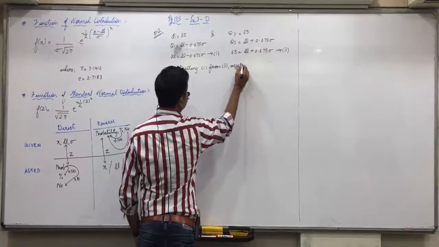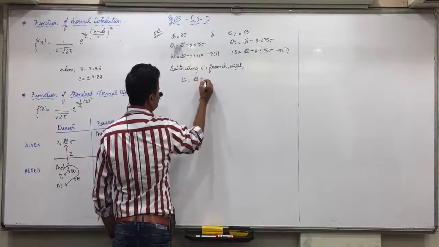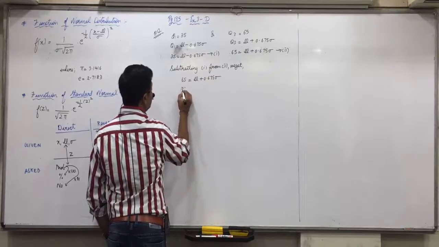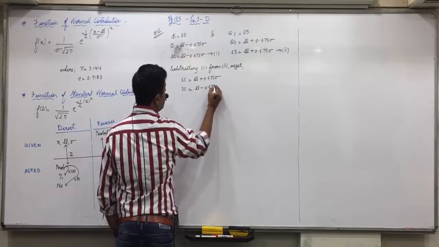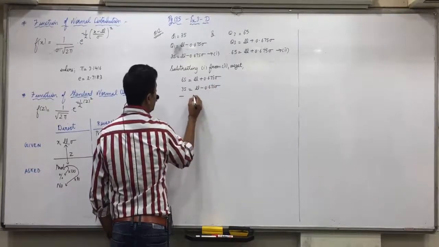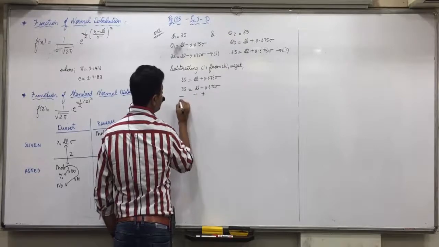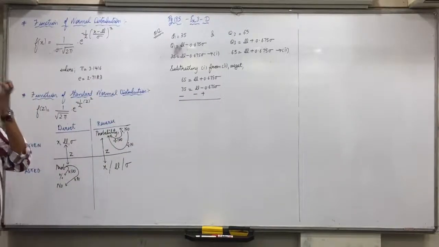we get 65 equals mu plus 0.675 sigma, 35 equals mu minus 0.675 sigma. Minus, plus, plus. You subtract, so the signs will change.